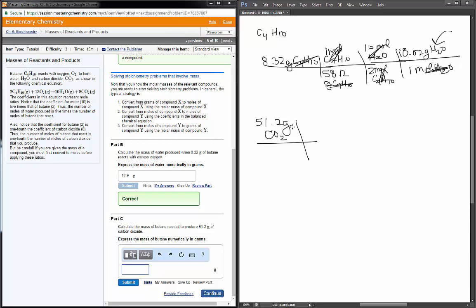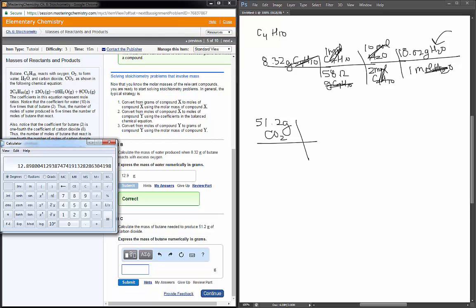So I have to go from grams to moles, and that means you need the molar mass of carbon dioxide, 1 carbon, 12.011, plus 2 oxygens at 15.9994, gives me a mass of 44.01 grams per mole, 44.01 grams CO2 in every 1 mole of CO2. If I put grams of CO2 in the bottom, then those will cancel.